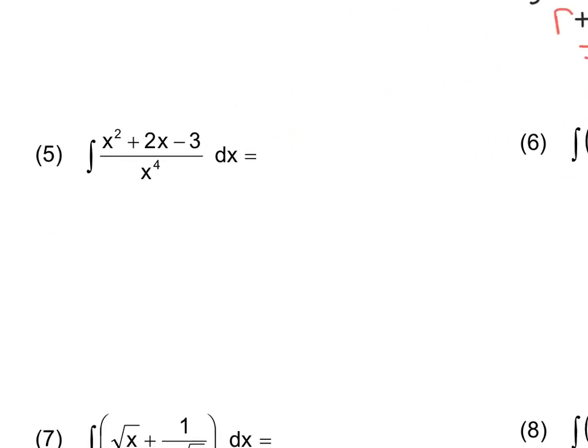Now number 5, like I said, I'll just get you started on this one because it looks like something that doesn't even fit remotely with what we were doing.